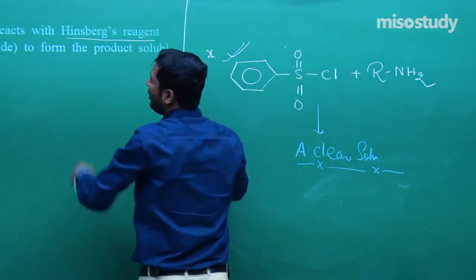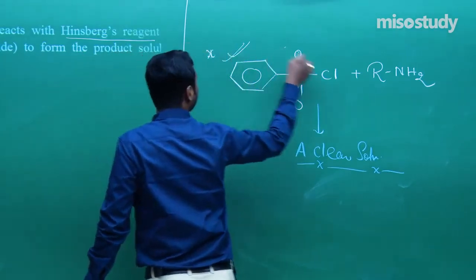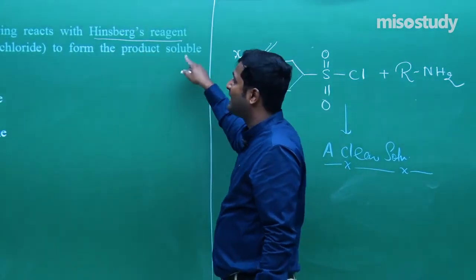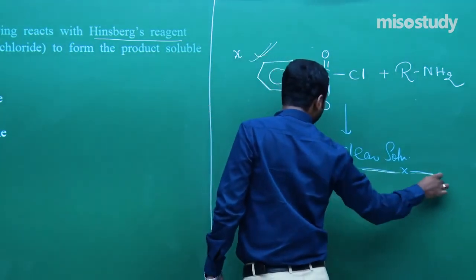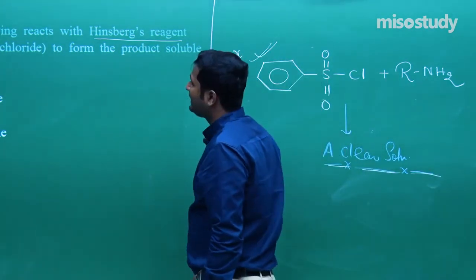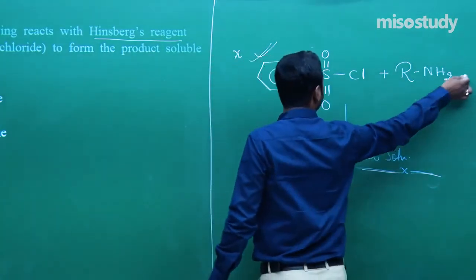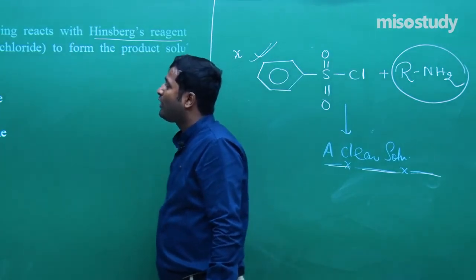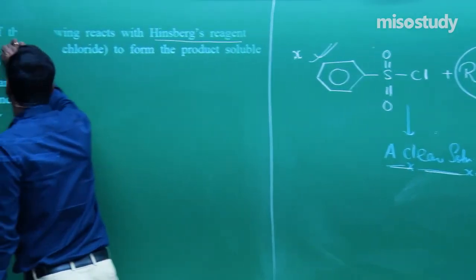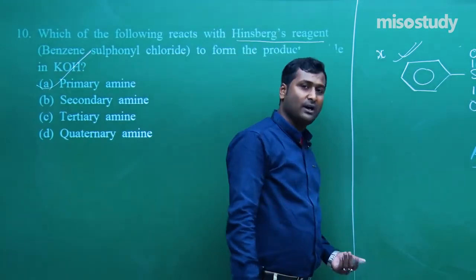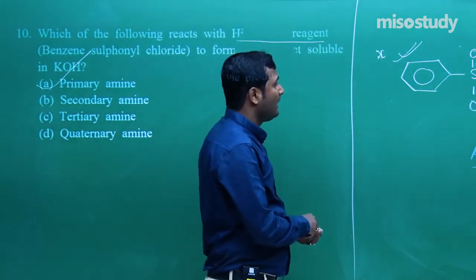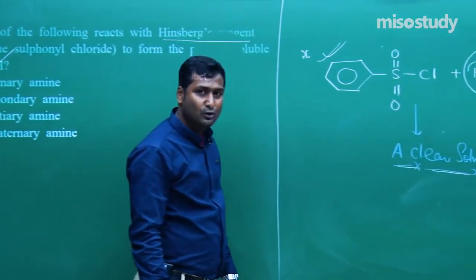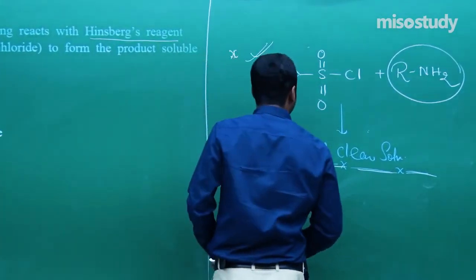On treatment with the primary amine, it is soluble in KOH and gives you a clear solution, and this amine is nothing but a primary amine. So for question number 10, A is the correct option. Remember this one is Hinsberg reagent. Clear to you?